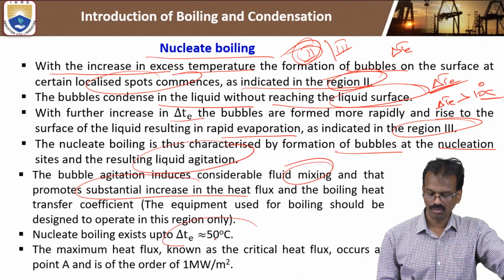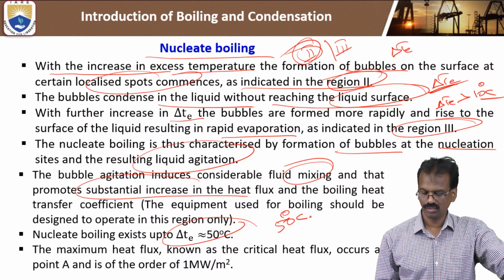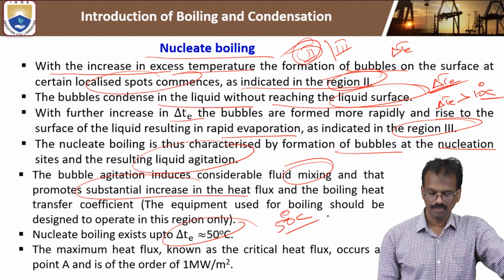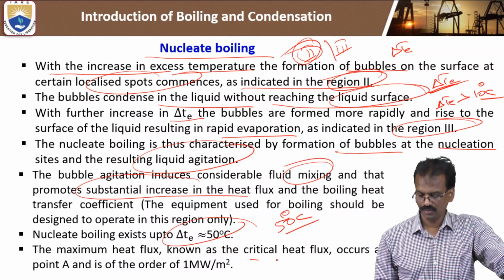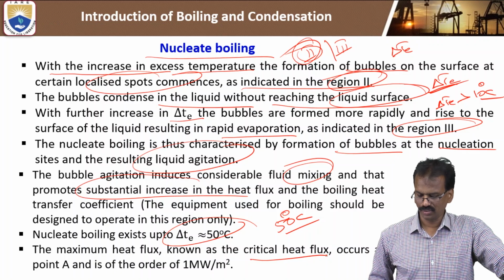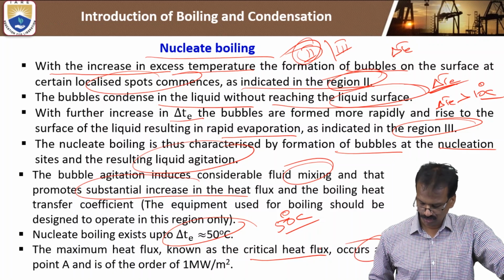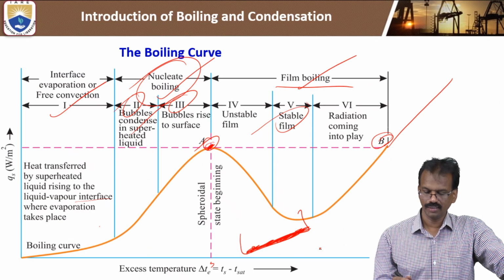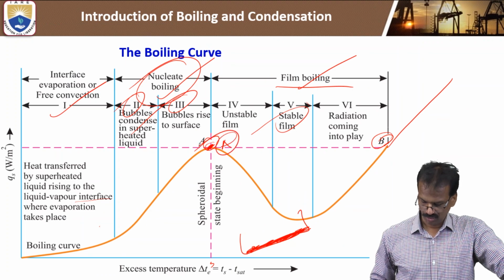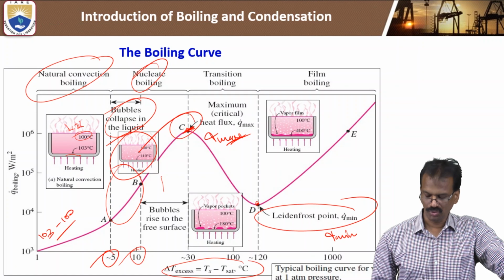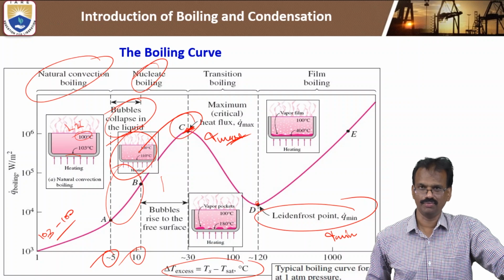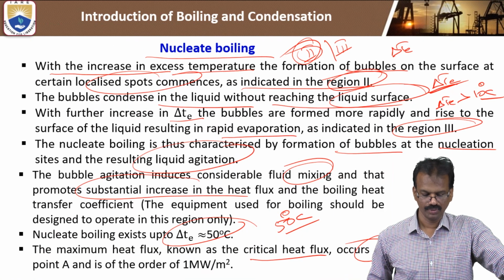Nucleate boiling exists up to 30 to 50 degrees Celsius. The maximum heat flux, called the critical heat flux, occurs at point A according to this diagram. According to this one, this is point C, the critical heat flux.